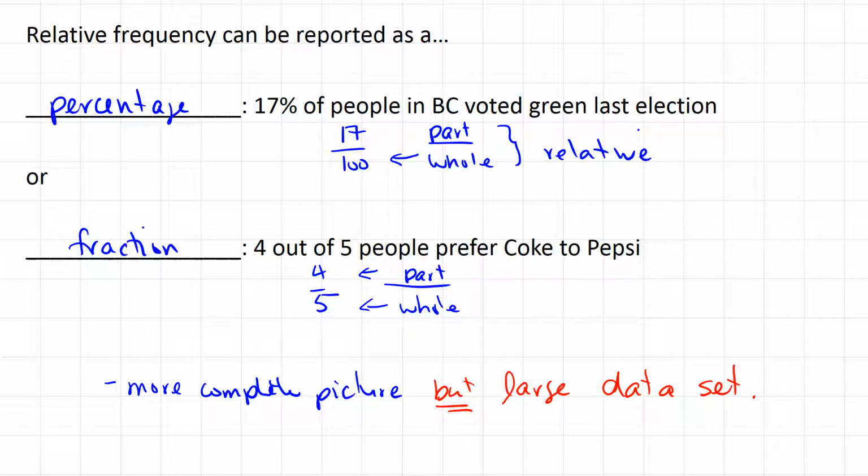So for example, if you're only polling 2 people and one person says yes, the other person says no, you can say 50%. And 50% is very deceptive because you've only polled 2 people. So the data set has to be large for relative frequency to be effective.